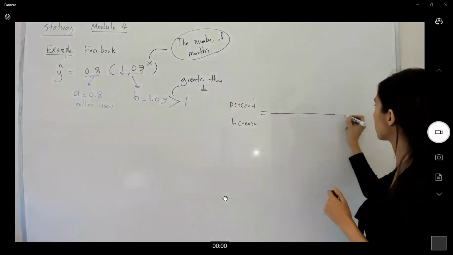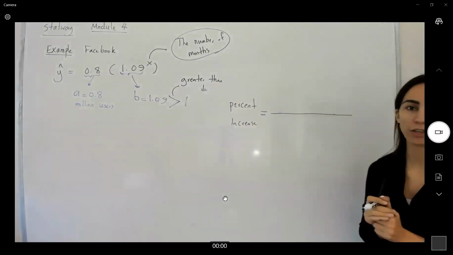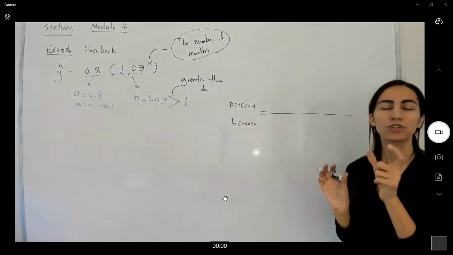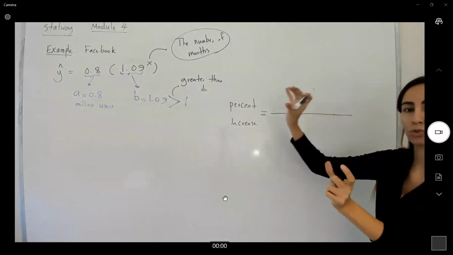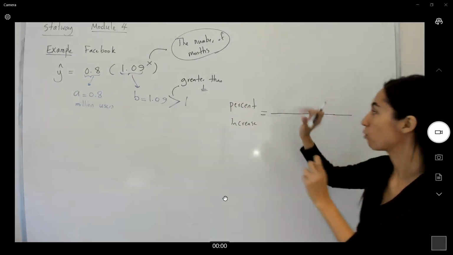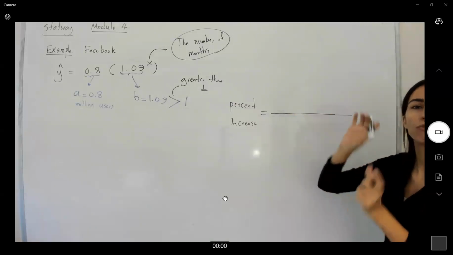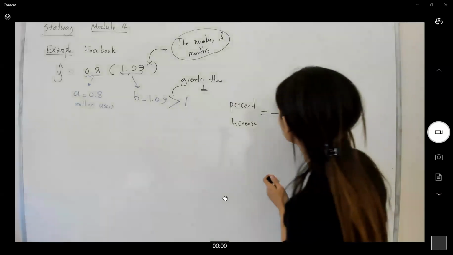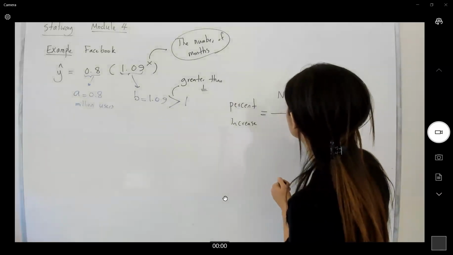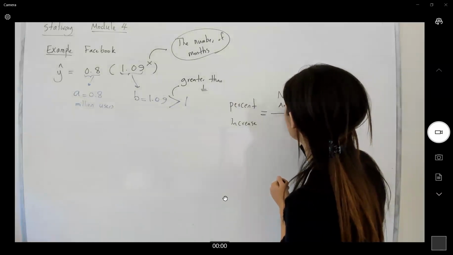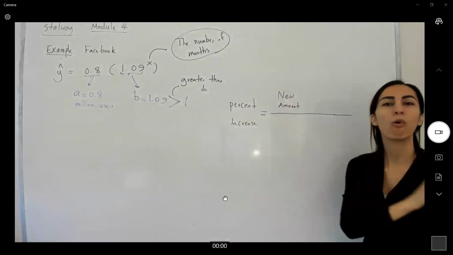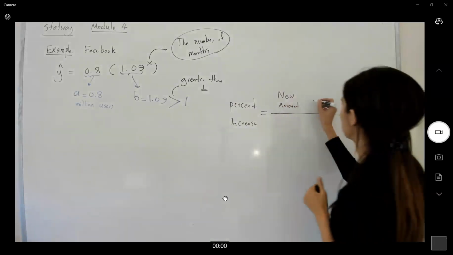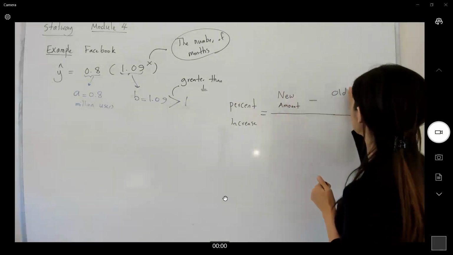On top of the fraction, on your numerator, since you're trying to find the percent increase between 2 numbers, 2 y hats, you have a new amount minus the old amount.